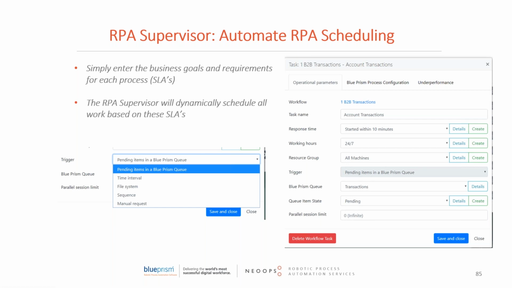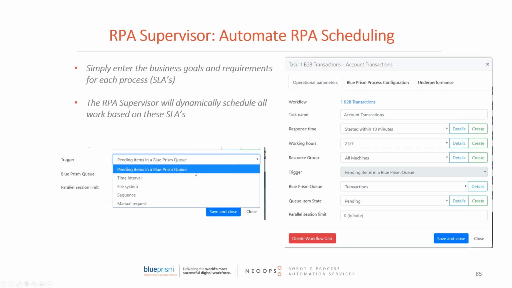So these are the parameters you define in RPA Supervisor, instead of taking into consideration whether items come in the morning, or whether I should put this process in the afternoon, or what the business requirements are for when the items should be finished, whether by some time or something like that. All those features are available in RPA Supervisor.